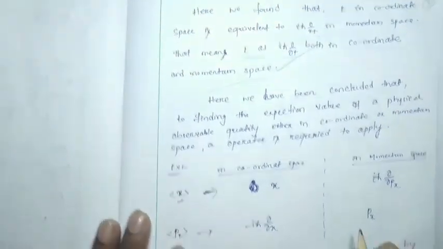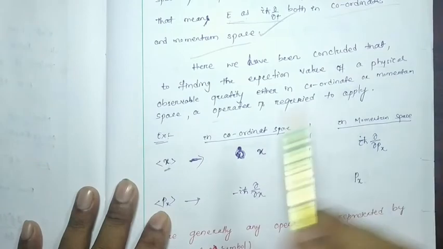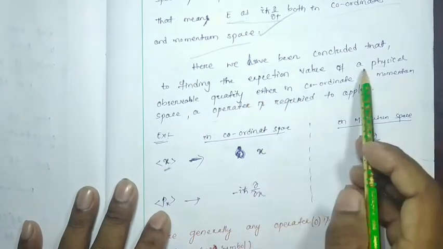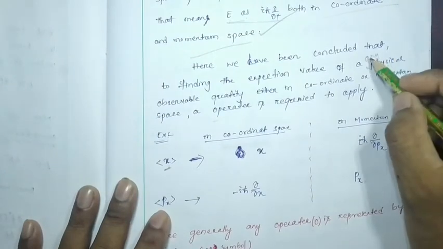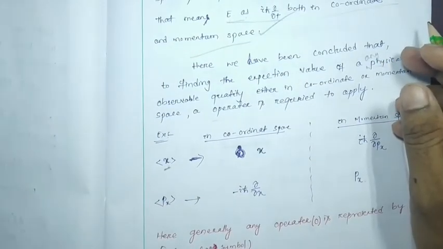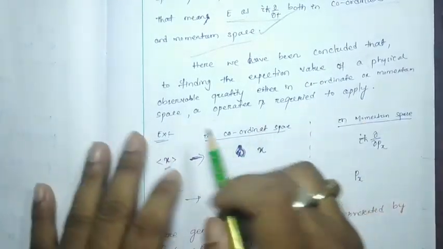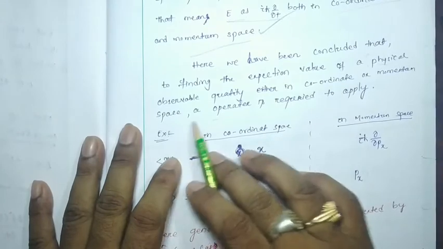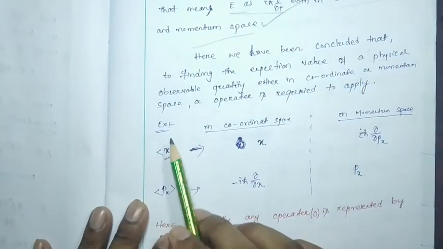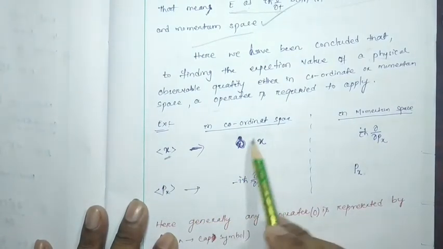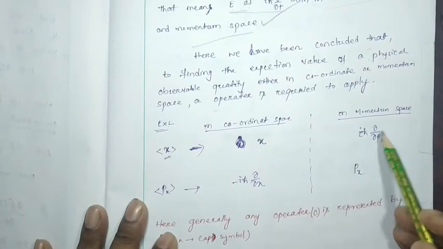Here we conclude that to find the expectation value of a physical observable quantity A, either in coordinate or momentum space, an operator is required to be applied. For example, in coordinate space it is x, and in momentum space this operator will be i h cross del by del x.